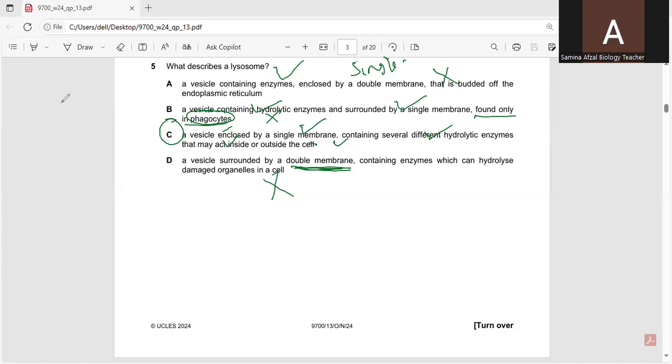So they contain a single membrane and several different hydrolytic enzymes. So they are secreted inside the cell as well as outside the cell in certain situations. So according to this, C is the correct option.